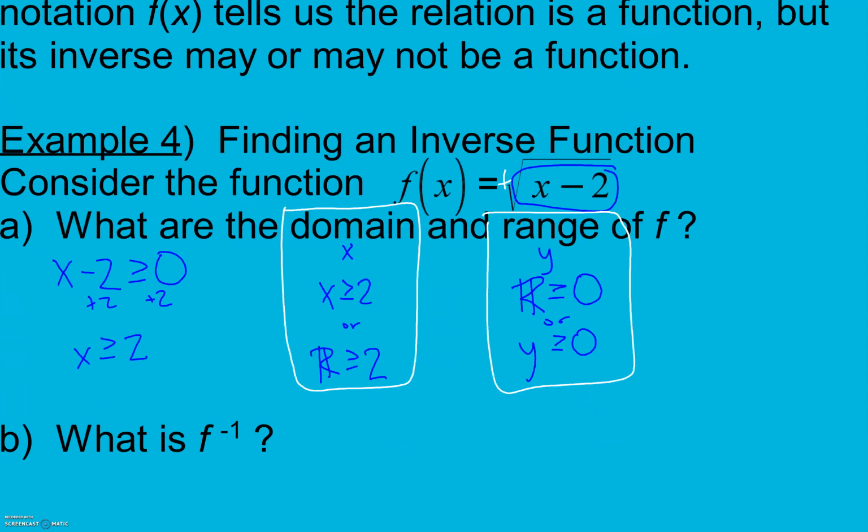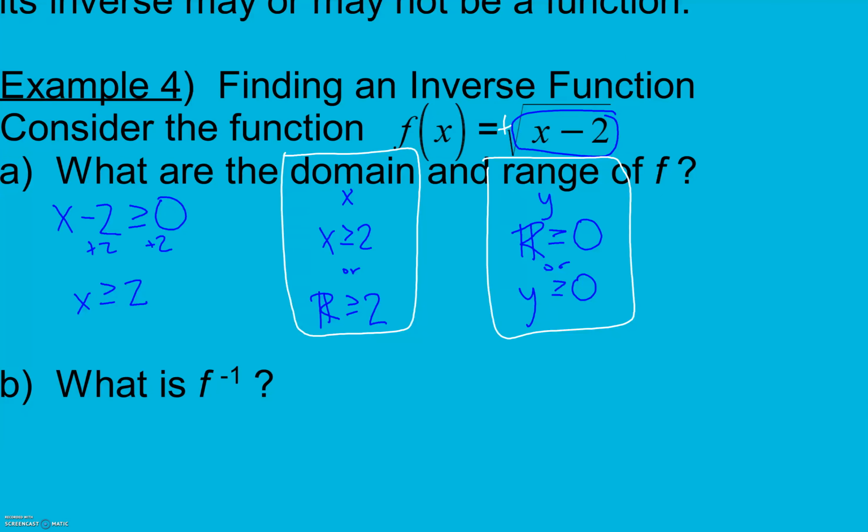Now, it wants us to find our inverse. f of x, guys, is just like a y. It's just written in function notation to let us know it's a function. So what I have right now is y equals the square root of x minus 2. To find the inverse, we are going to swap our x and our y and keep the rest of our equation exactly as it's written.